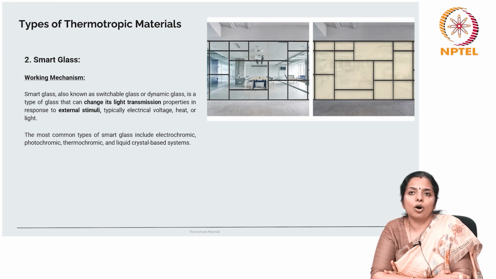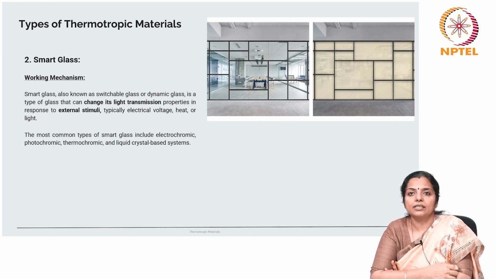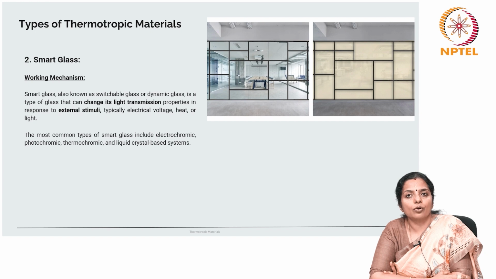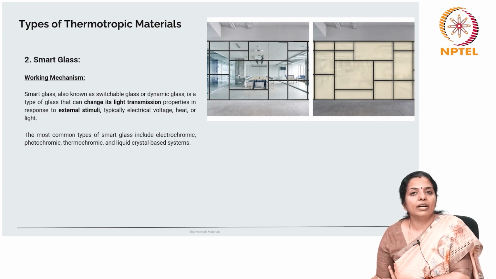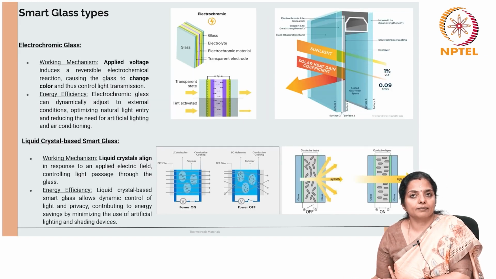The most common types of smart glass include electrochromic, photochromic, thermochromic and liquid crystal based systems. In this picture, you can see the amount of transparency or translucency that thermotropic material can bring in when used in smart glass.